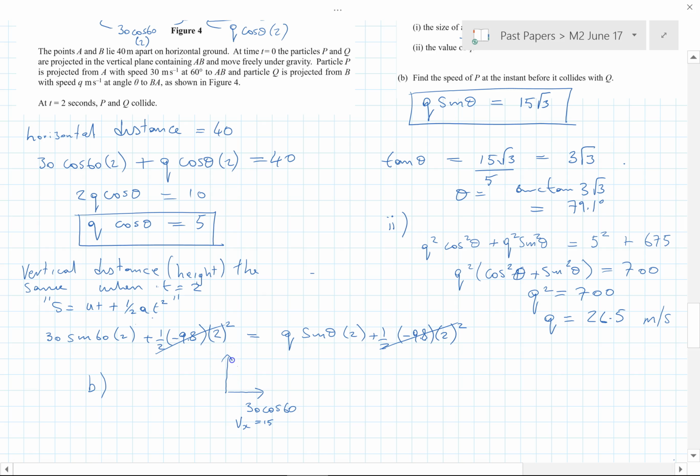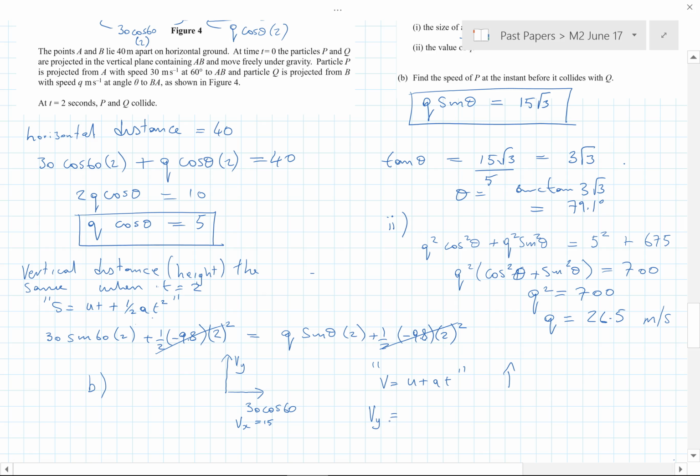Now Vy, that's going to be affected by gravity, so we can apply v equals u plus at vertically. Remember it's the vertical component of the velocity.